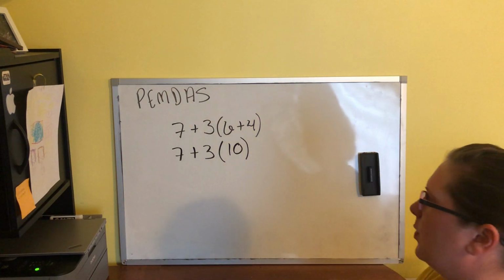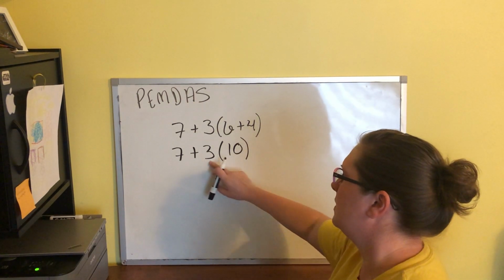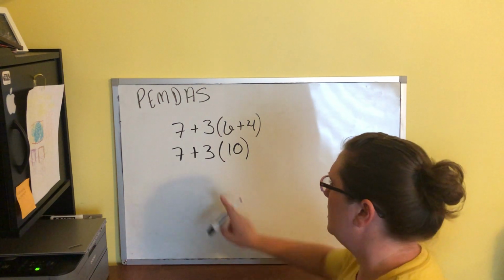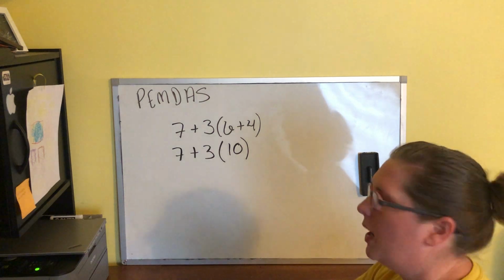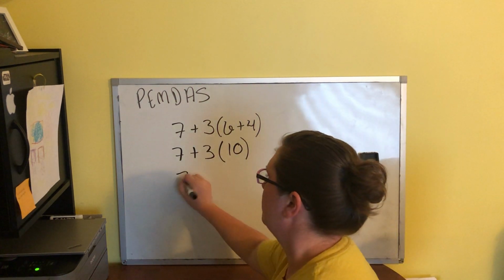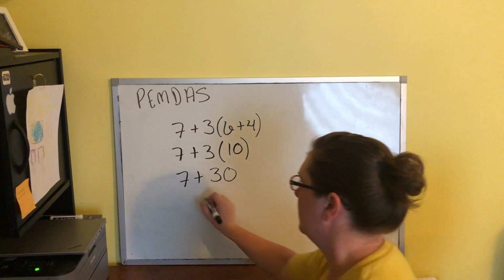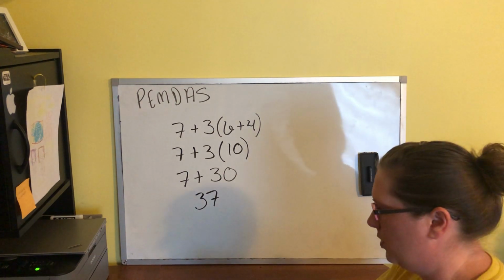Notice I'm keeping it in the parentheses for now because that is signaling to me that this needs to be multiplication, 3 times 10, okay? So now we need to go ahead and handle 3 times 10 because it's multiplication, right? There's no exponents. 3 times 10 is the multiplication, which would give me 30. And then I'm left to add 7 plus 30 is 37. So hopefully some of this is coming back to you, okay?